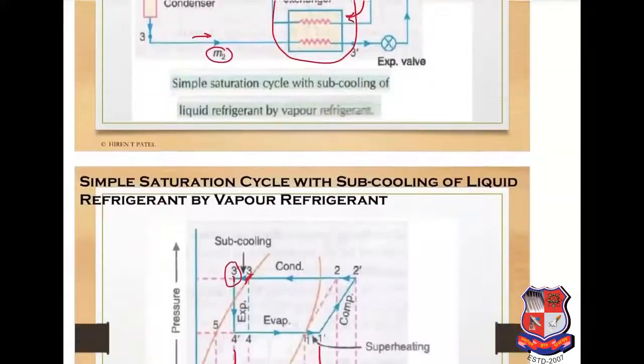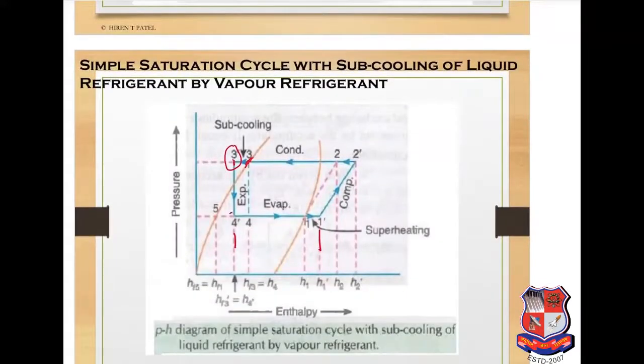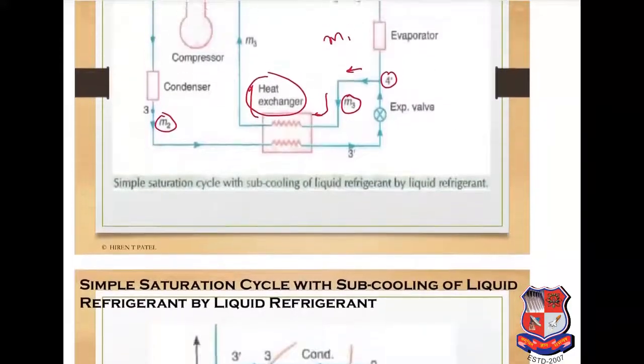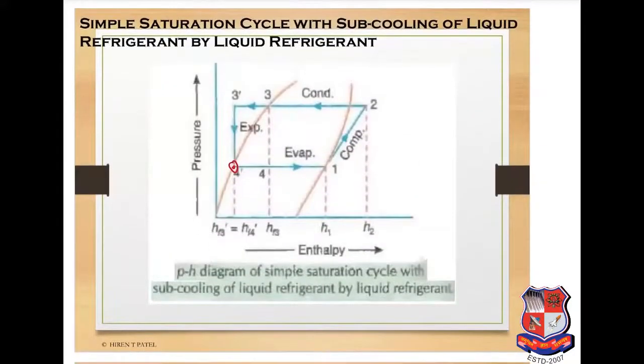In the last case, if we see the pH chart, the 4 dash point is in between, in the mixed zone, the wet vapor region, so the liquid refrigerant has some amount of vapor. But in this case we do not have any vapor particles inside the refrigerant. So the 4 dash point is completely saturated liquid.